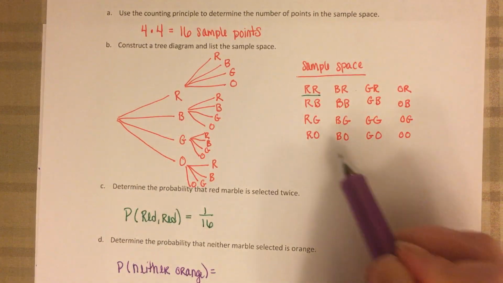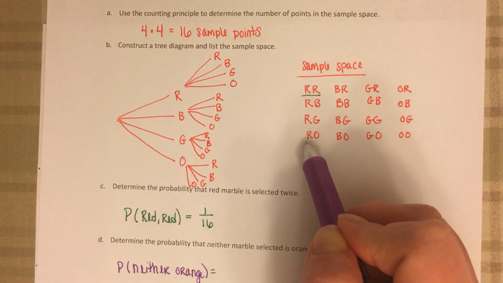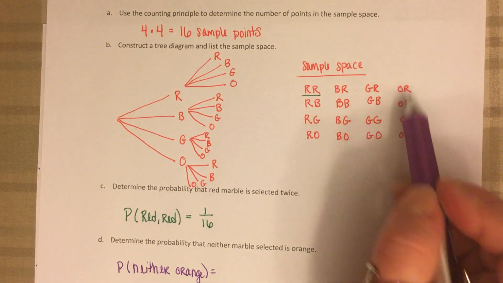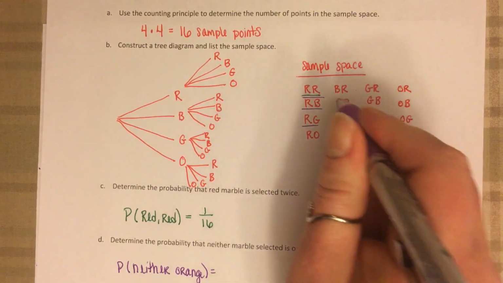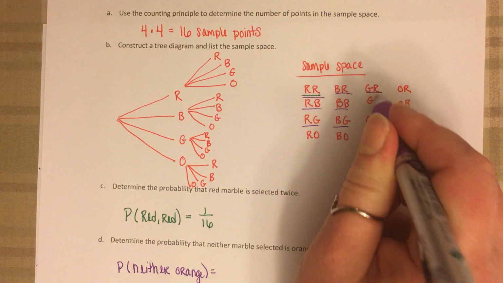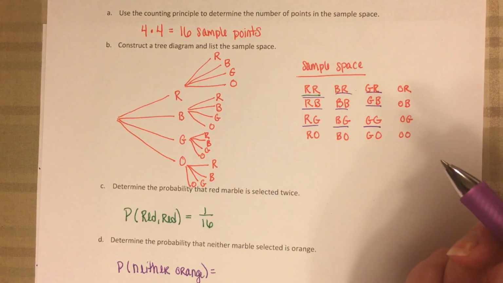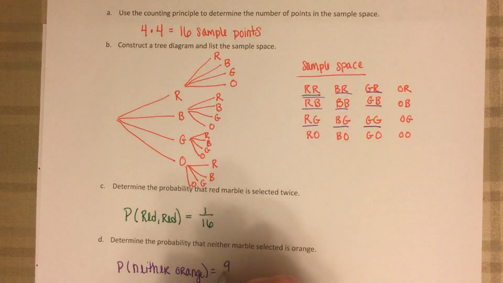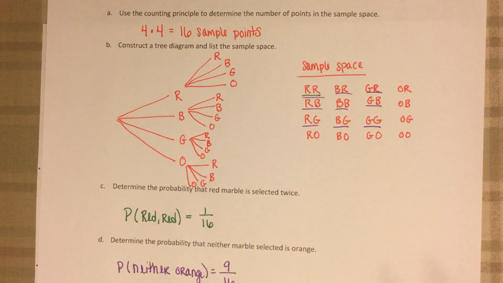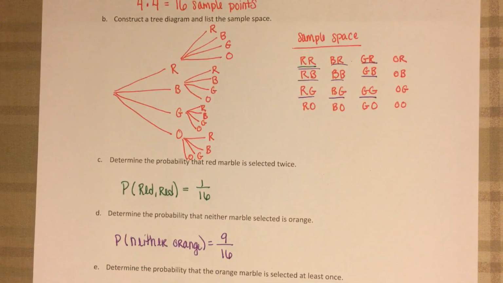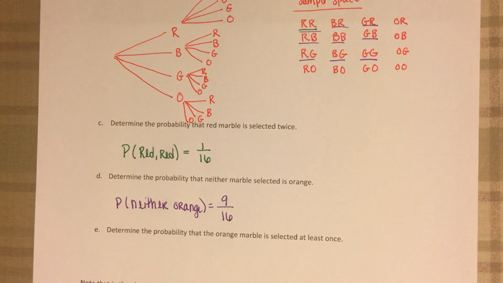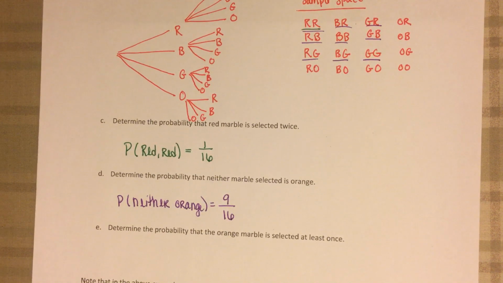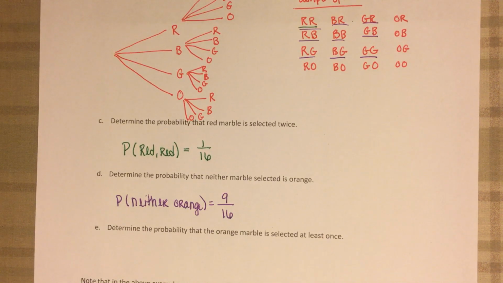Our probability that neither is orange. Looking at our list, we can eliminate this bottom row, and we can also eliminate this right column because those are orange. So if we look at the ones that are left in our sample space, we have a total of 9 out of 16. Then last but not least, for E, determine the probability that the orange marble is selected at least once.